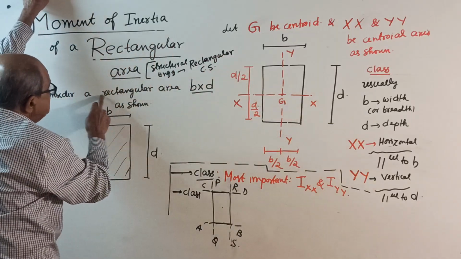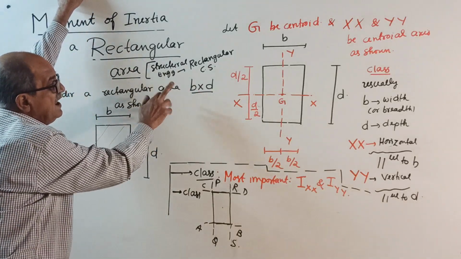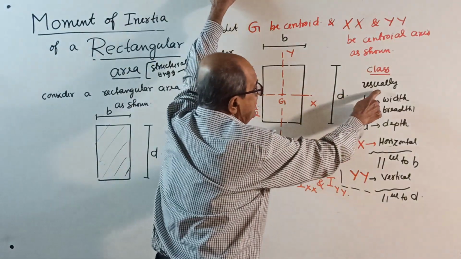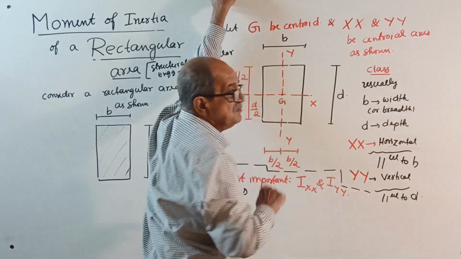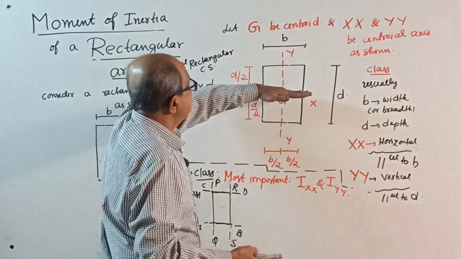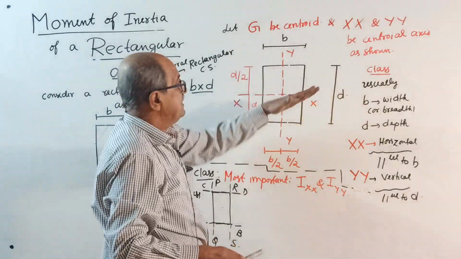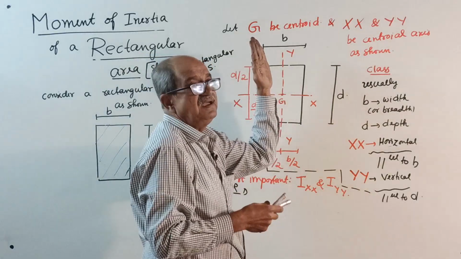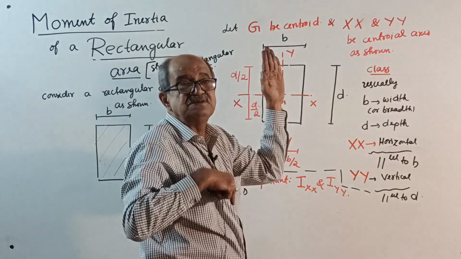See, consider a rectangular area B by D. Now, write this a little later in class. Usually B we call width or breadth, D we call depth. But sometimes remember, if the bending is about this axis, then B is the breadth and D is the depth. But if the bending is about this axis, then what we call B here becomes the structural depth.